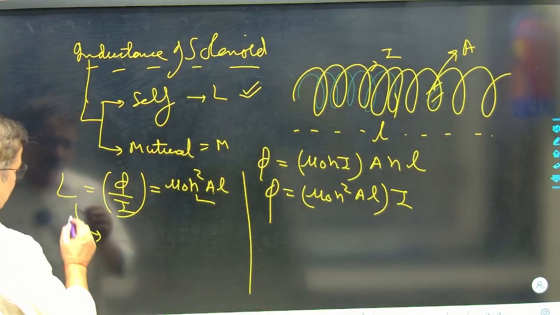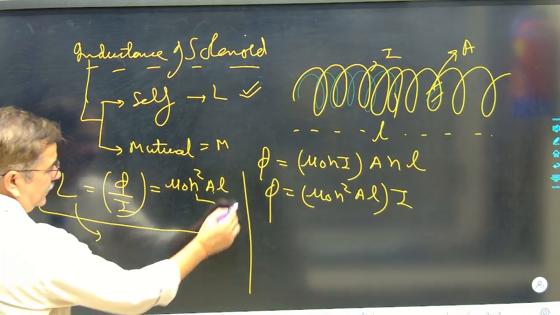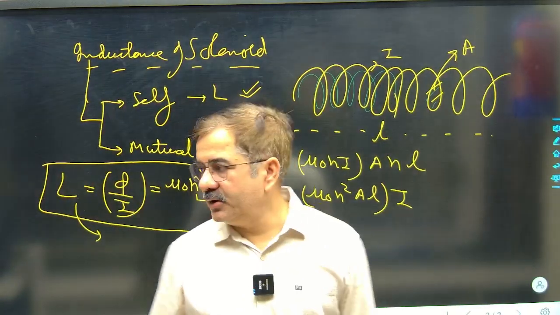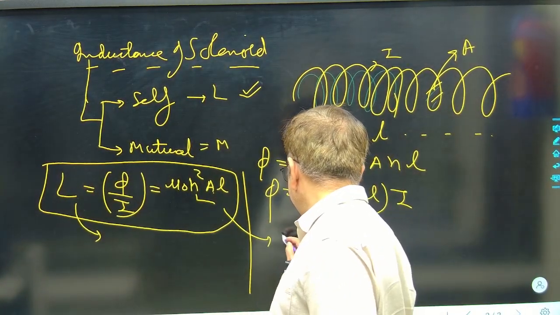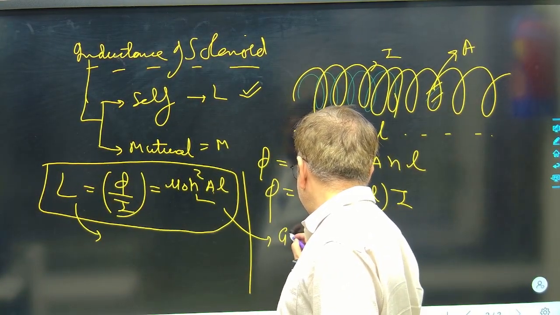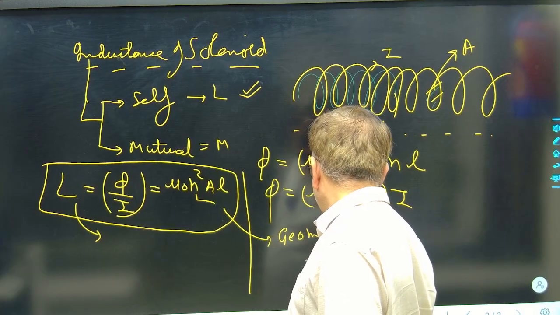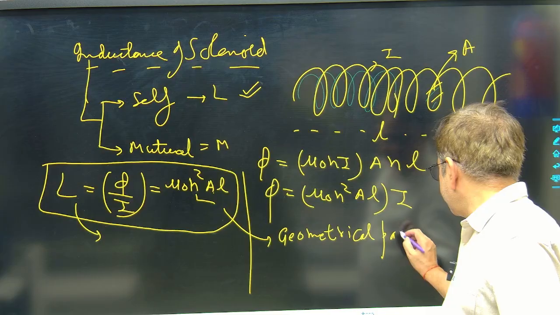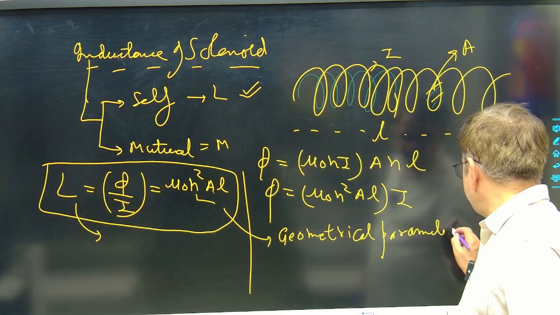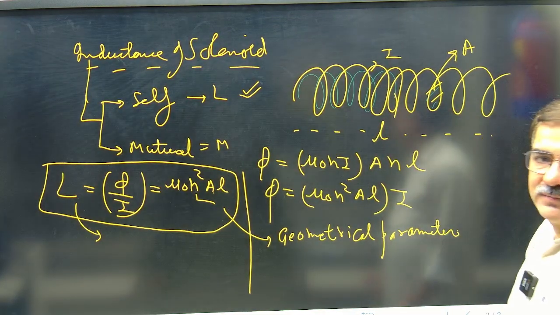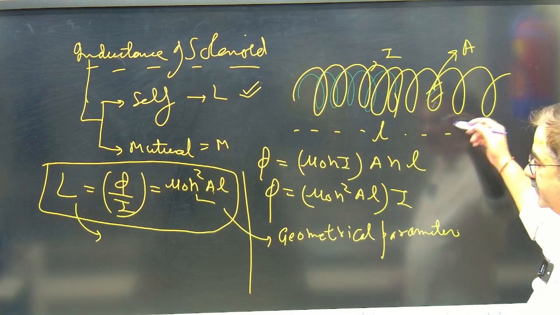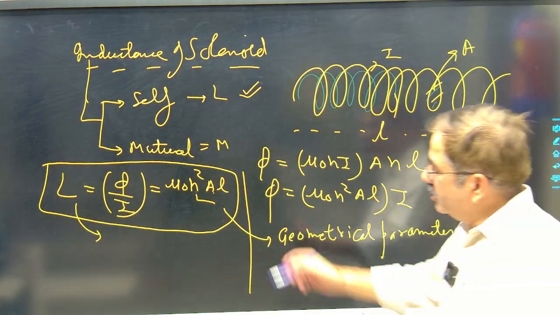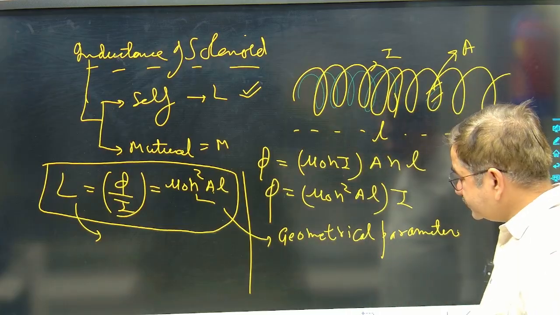The result we have got depends only on geometrical parameters. These are used here for the solenoid: area of cross section, length, number of turns, and mu naught, the magnetic permeability of the medium.